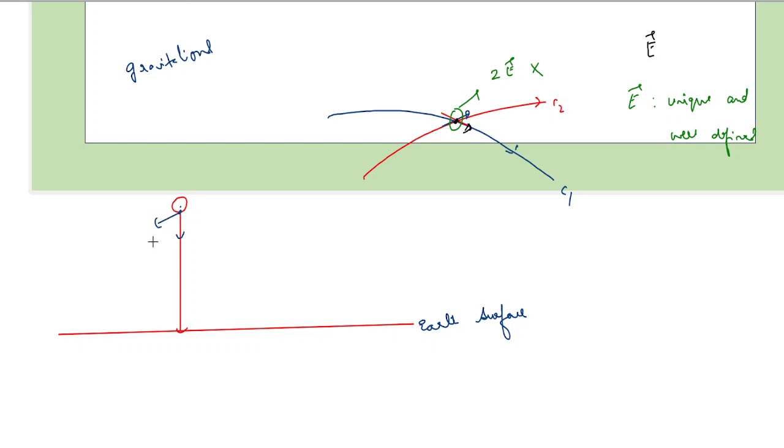So the apple can take either path 1 or path 2, but we know that at all points the apple has a very defined path, which means having two values of the field is meaningless. In the same way, even the electric field will have a unique value. So the assumption that both the field lines are present is not true, which means that two lines of force cannot cross each other.